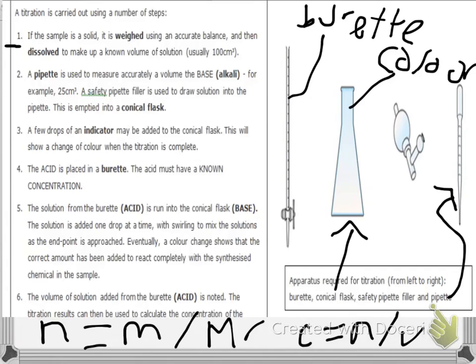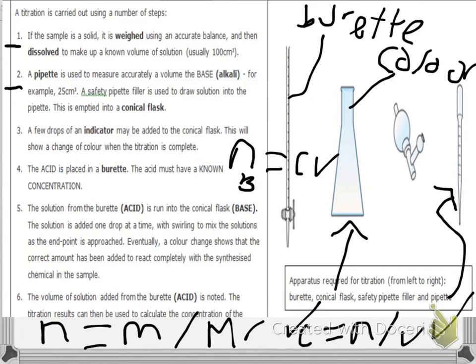Okay, then you're pipetting a known actual volume, for example 25 centimeters cubed. So you know how many moles of your alkali you've got, because you've got a value for your concentration and you've got a value for your volume. So you can rearrange your equation to work out the number of moles for your base.